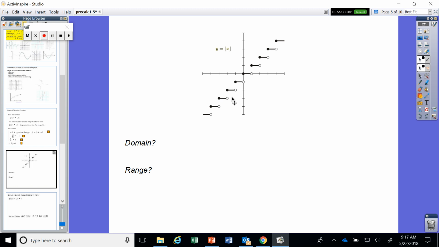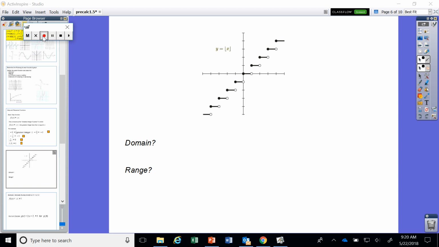I challenge you once again, take a brief pause on the video and see if you can come up with the domain and range. So what do you think? What did you come up with? What's the domain going to be?